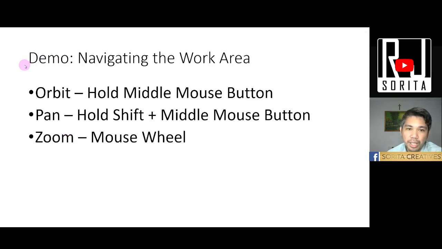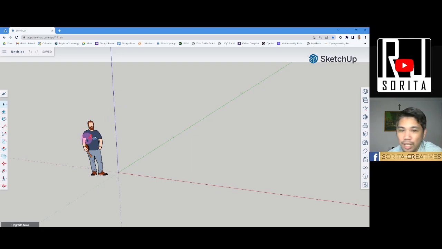So I will demonstrate navigating the work area by first using the orbit, pan, and zoom. I forgot to mention that SketchUp is using 3 different axes because it's drawing in 3D.